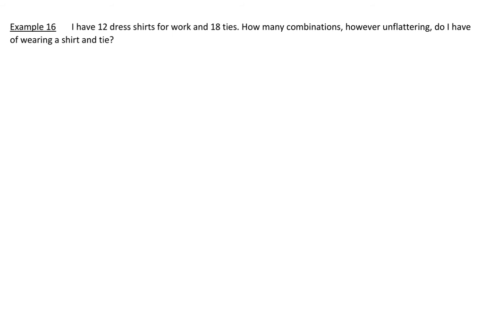So, example 16: I have 12 dress shirts for work and 18 ties. How many combinations, however unflattering, do I have of wearing a shirt and tie? So, if we think about each shirt, for shirt 1, you have 18 different options.